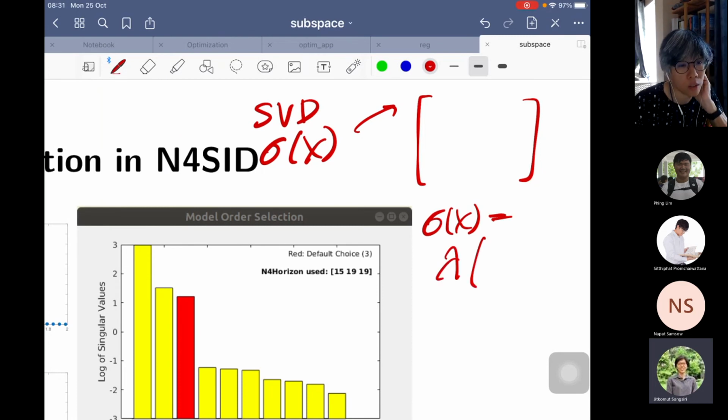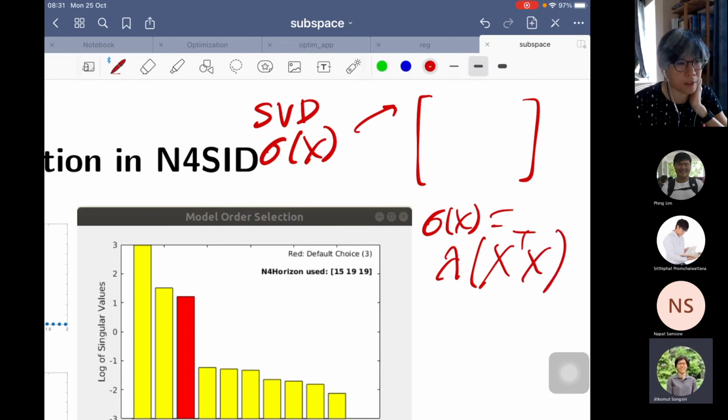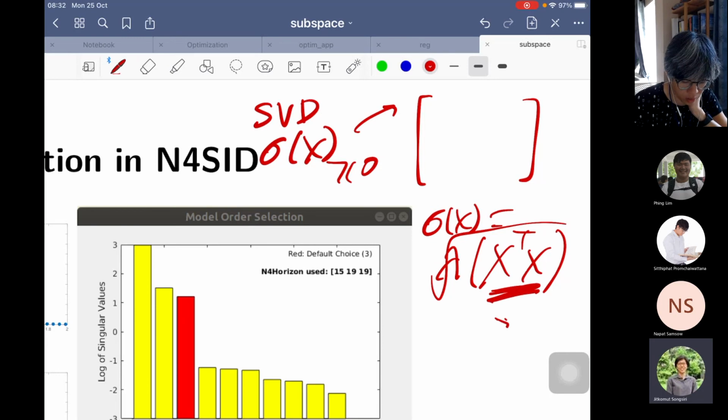It is the square root of the eigenvalue of X transpose X. I think you need to review the background, but basically singular values are all non-negative, and that is possible because X transpose X is always positive semi-definite.